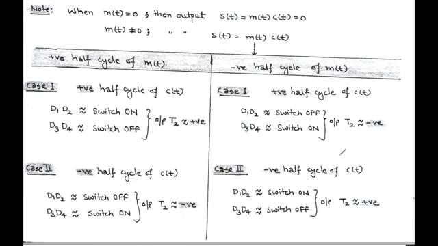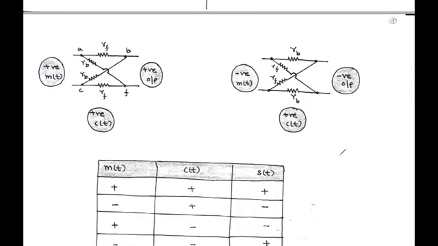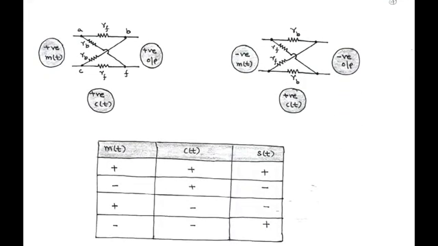This operation of a ring modulator strictly follows the product rule, that is output s(t) equals the product of message signal and carrier signal. That is shown in the form of a table.